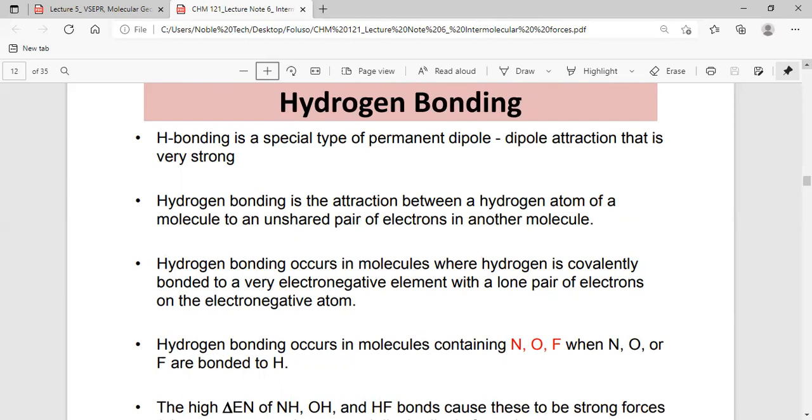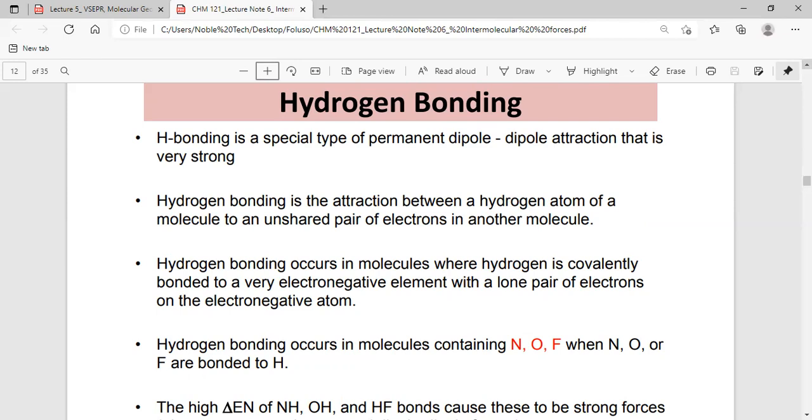A hydrogen bond is the attraction between a hydrogen atom in a molecule, when it is attached to an electronegative element such as nitrogen, oxygen, and phosphorus. Hydrogen bonding occurs in molecules where hydrogen is covalently bonded to a very electronegative element with lone pairs.